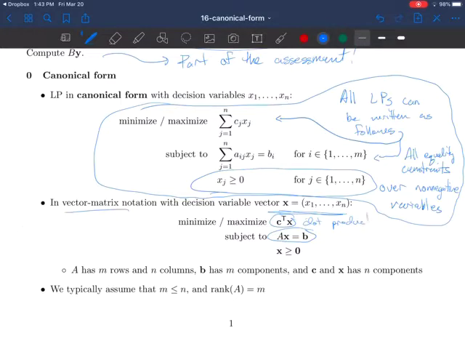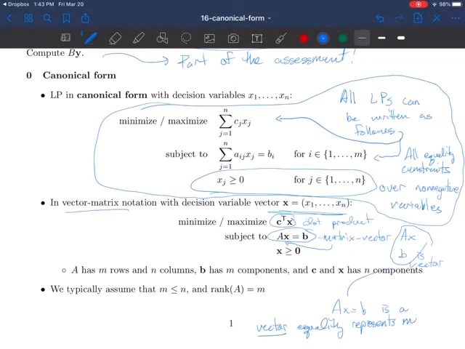Now we have to be careful about what everything is. This is a dot product. This is a matrix-vector product here, Ax. b is a vector. So this is saying that Ax equals b is a vector equality, and basically it represents m equality constraints.